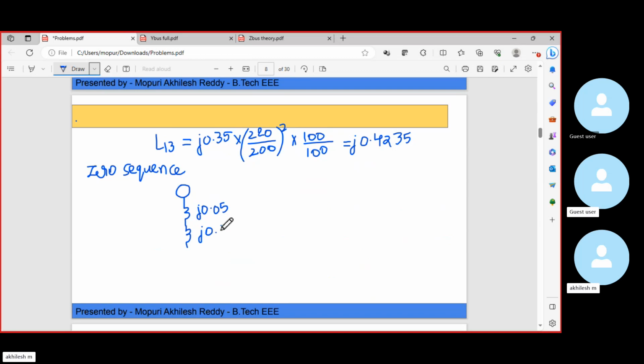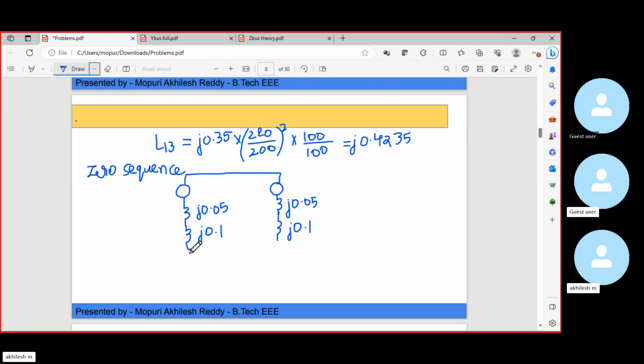Similarly, for generator 2 also, the other end of the generator is grounded. So here also, this is generator 2. The corresponding value is also the same, J 0.05. And then transformer 2. Here also it is J 0.1.